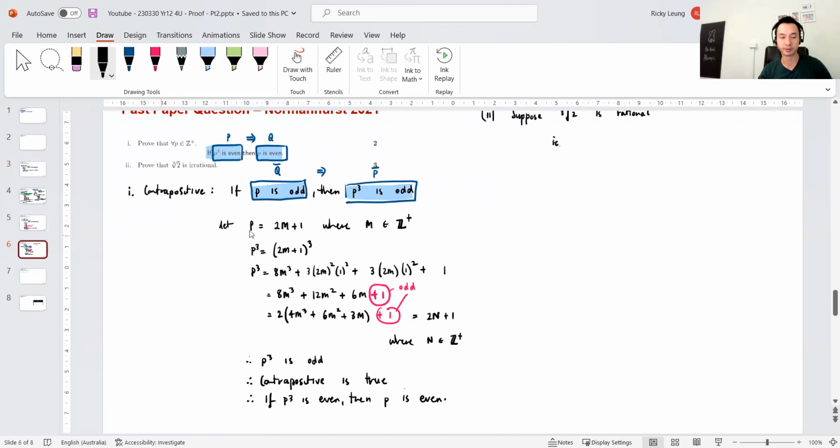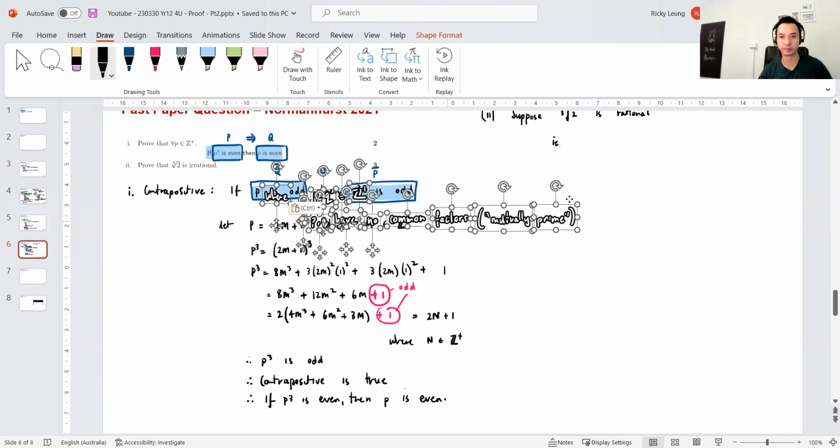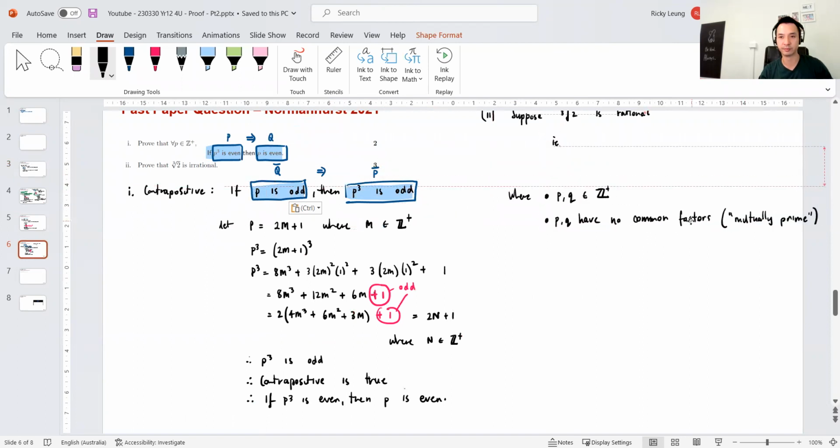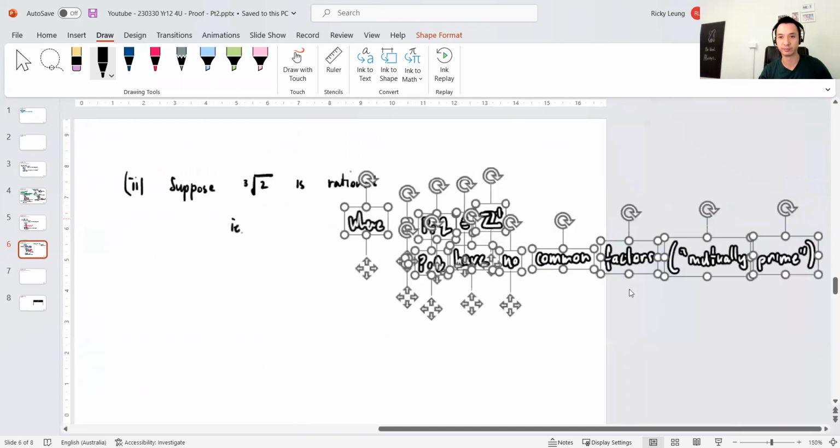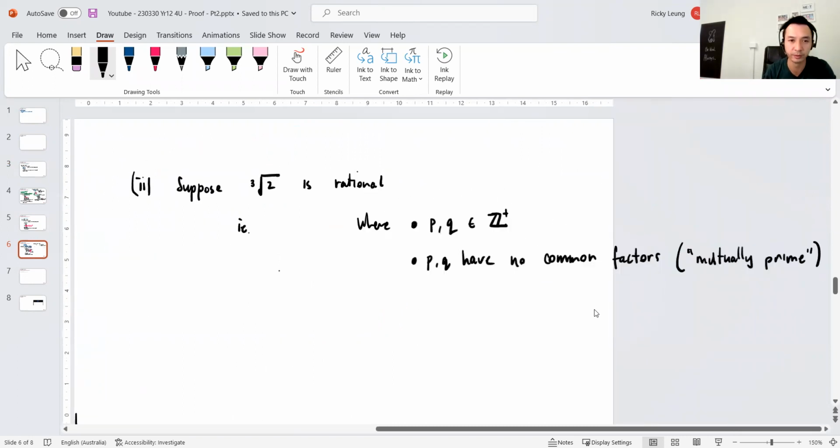I'll park it out wide. That is, the cube root of 2 is equal to p on q, where p and q are positive integers and p and q have no common factors. So right now I have this to go with.